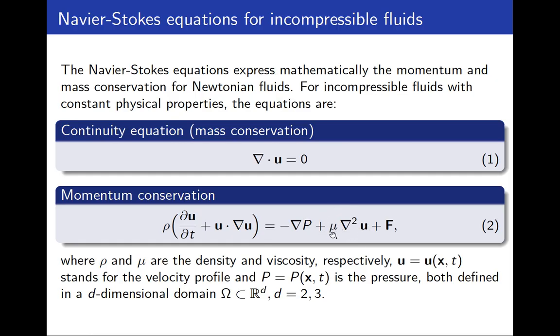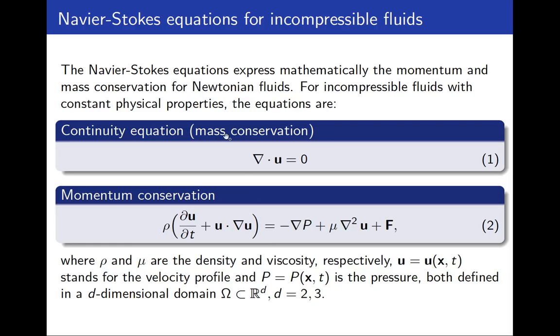This quantity is the viscosity of the fluid, and then we have the second derivative of the velocity field. And then the last term is the source term. That means those external forces that can affect the movement of the fluid, for instance, the gravitational forces or an external electromagnetic field, among other quantities.